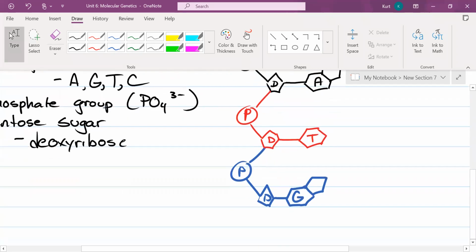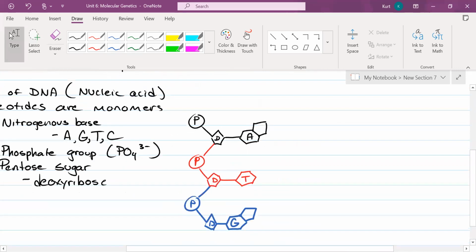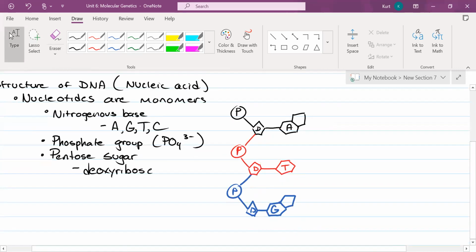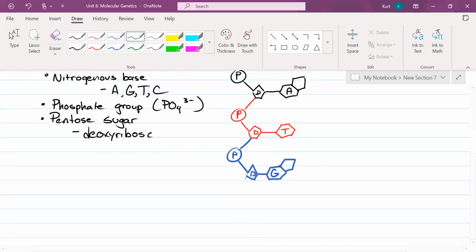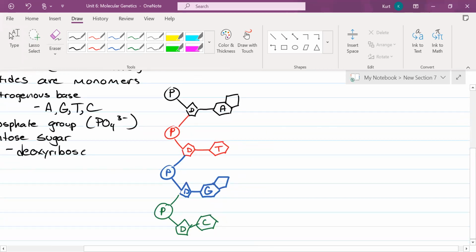Now I have 3. The complement would be on the other side. Let me draw one more just for the heck of it. Here is a nucleotide that has cytosine. So let's make that cytosine. There we go. Okay.